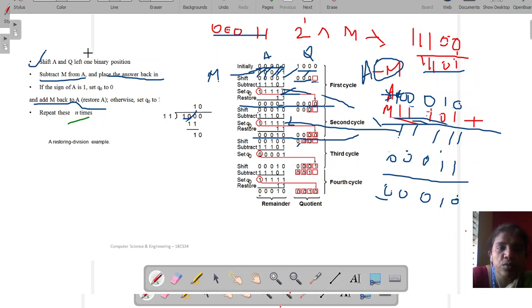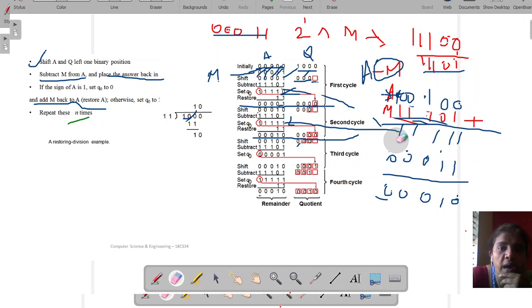Now again you do the shift and subtract. After shifting you get 00100, and the content of A is 10.